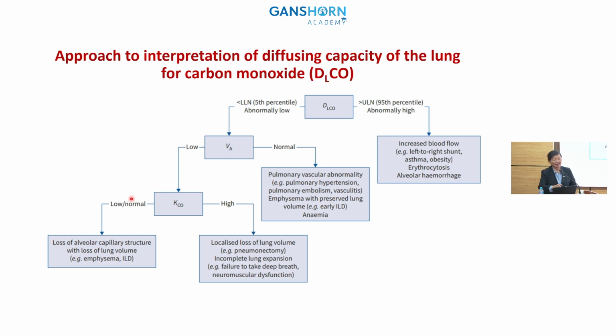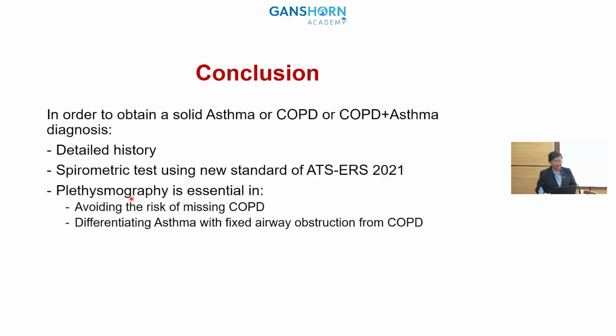I always keep two copies of this diagram with me to interpret. We all agree that to obtain a solid asthma or COPD plus asthma diagnosis, we have to have a detailed history and a spirometric test using the new ATS and ERS 2021 standards.